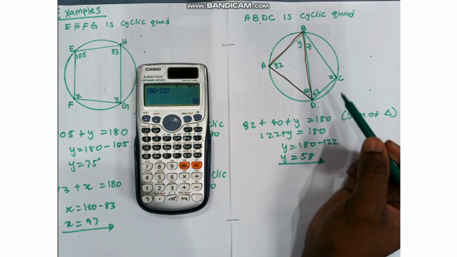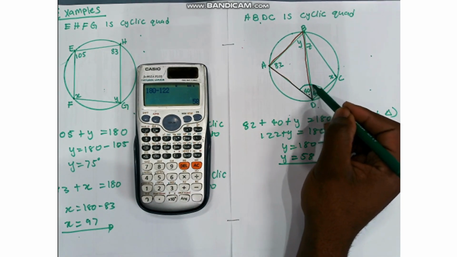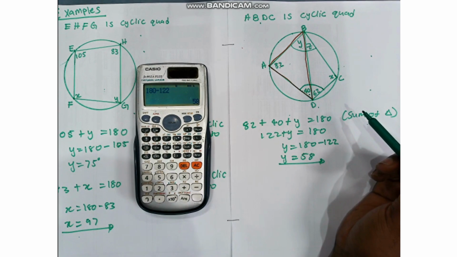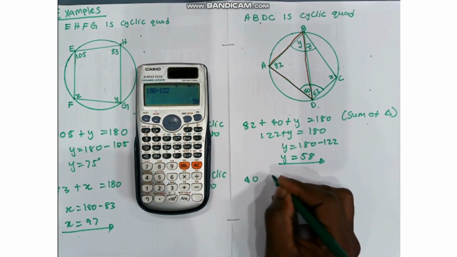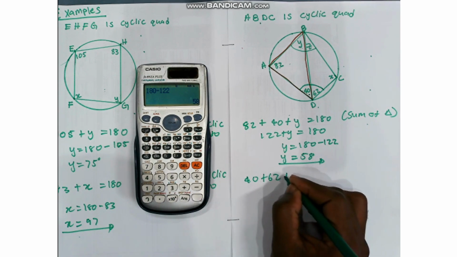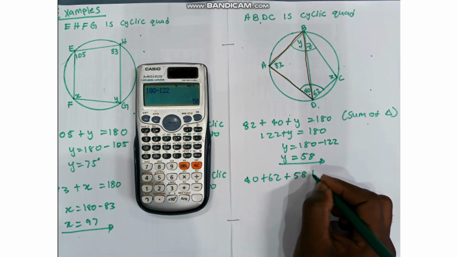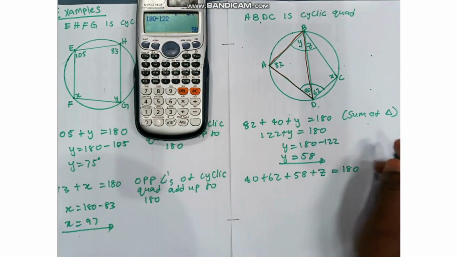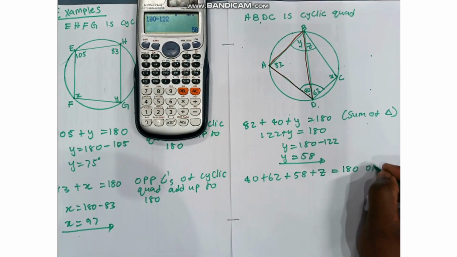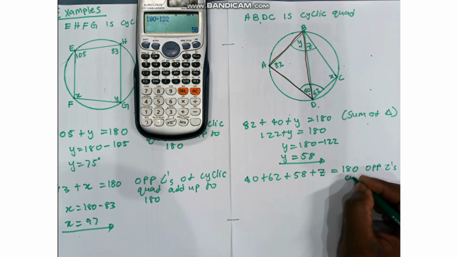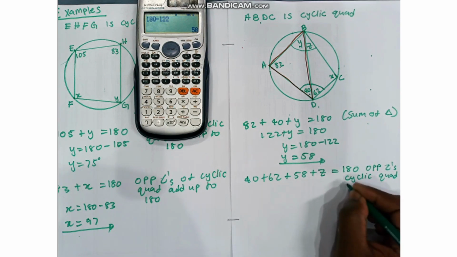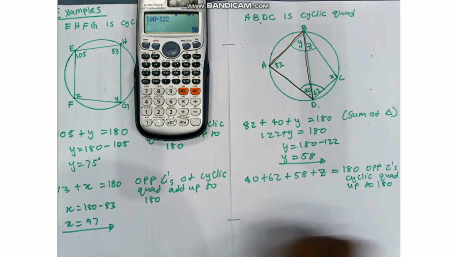And from there, now we can say this whole one and this whole one add up to 180. Now we can say 40 plus 62 plus y, which is 58, plus z, they add up to 180, opposite angles of a cyclic quad add up to 180.